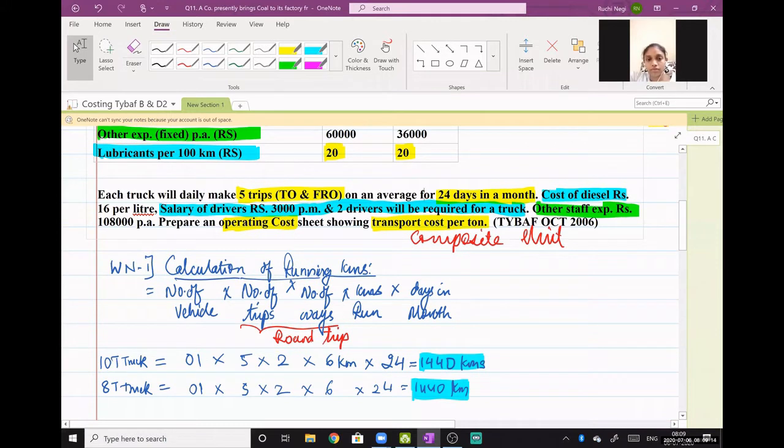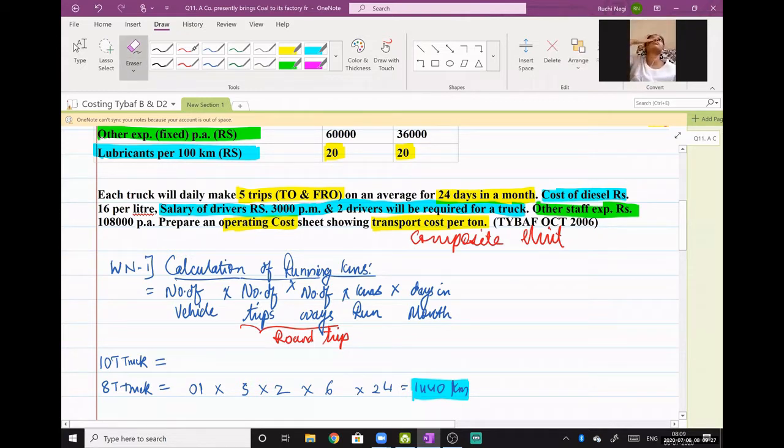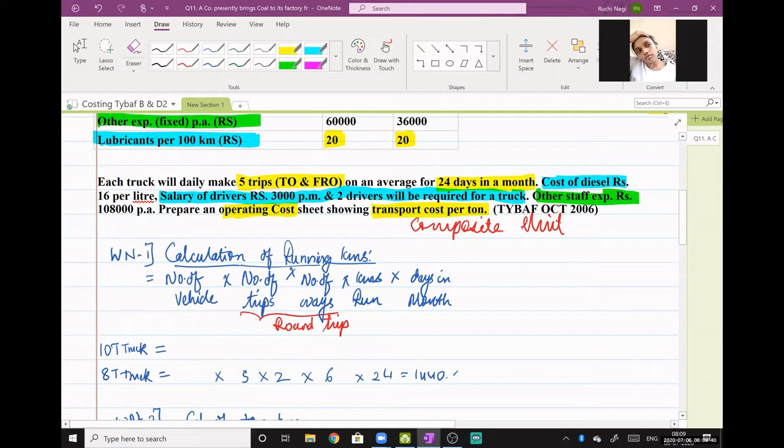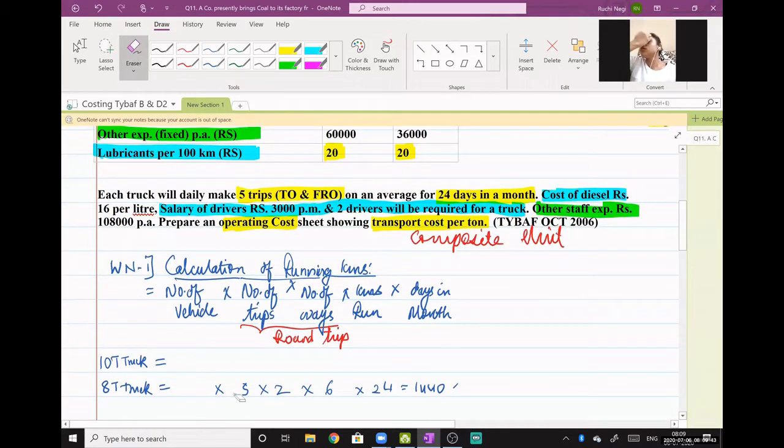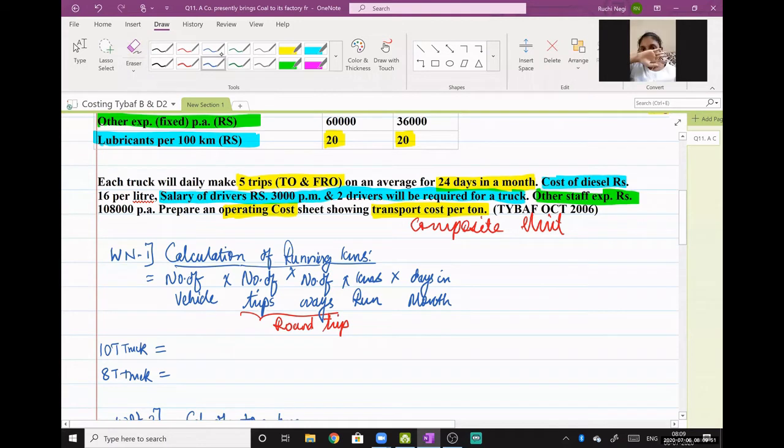So first we are going to calculate for the 10-ton truck. How many vehicles do you have of the 10-ton truck? Only one.